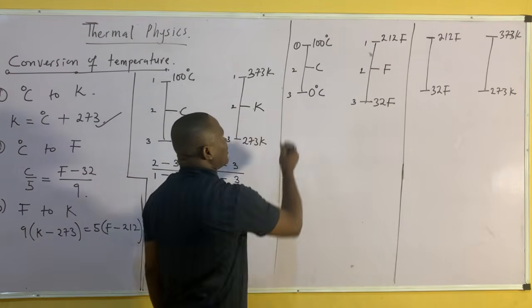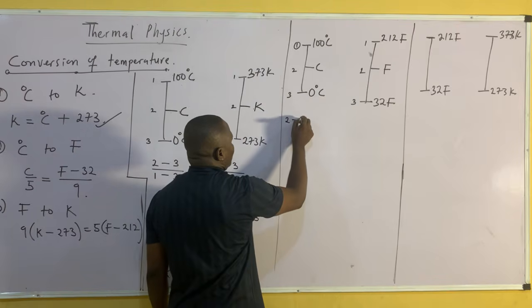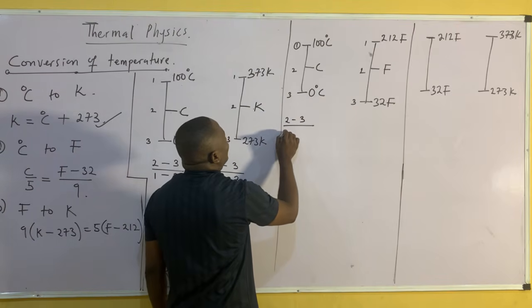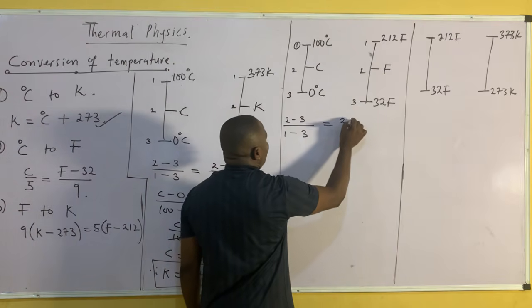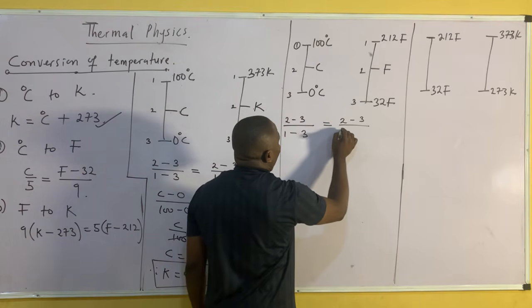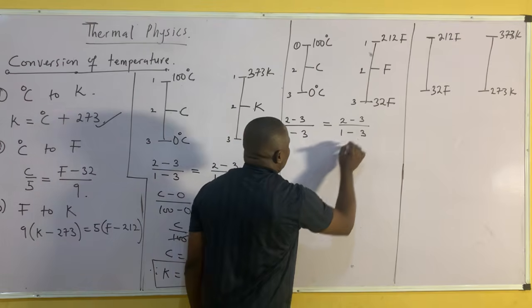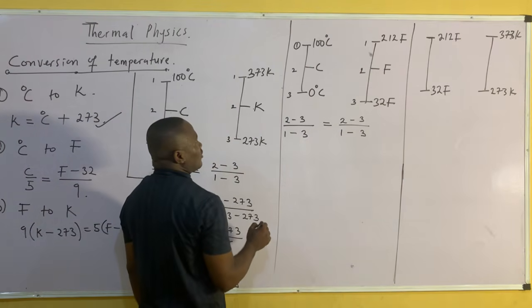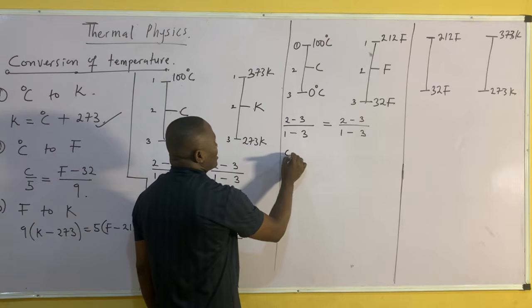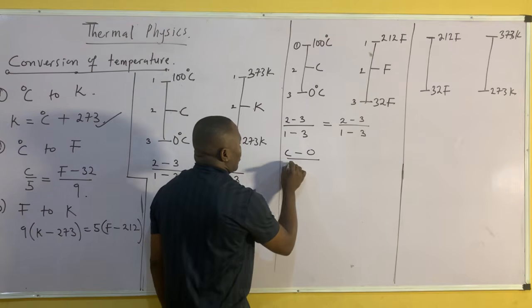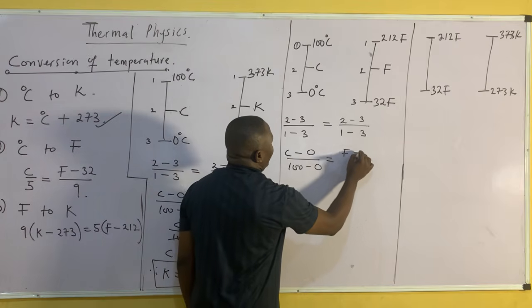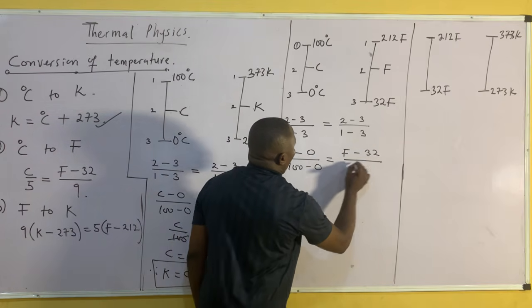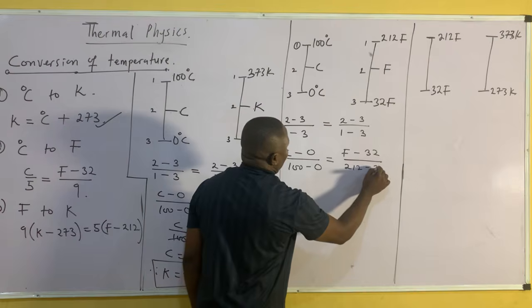So I will make the move again. 2 minus 3 over 1 minus 3 is equal to the same thing over here, 2 minus 3 over 1 minus 3. So that will now be, put it out in values. It becomes C minus 0 over 100 minus 0 is equal to F minus 32 over 212 minus 32.